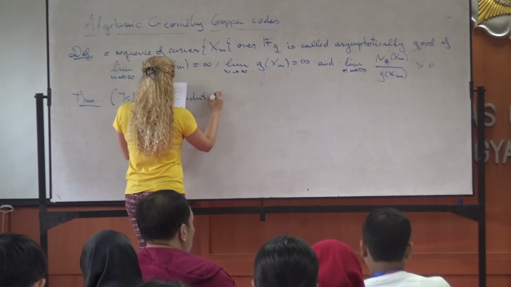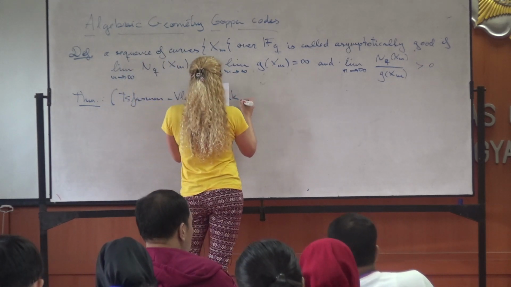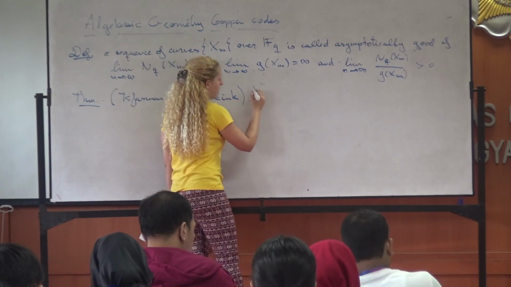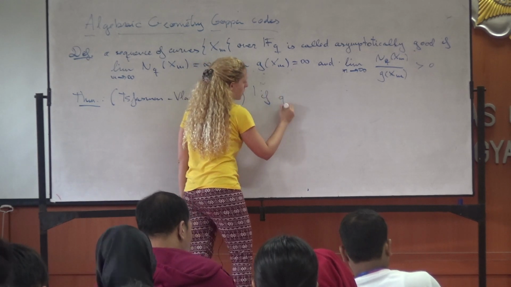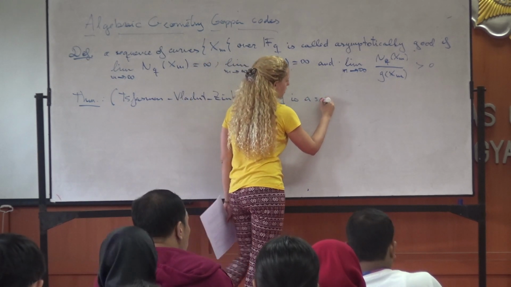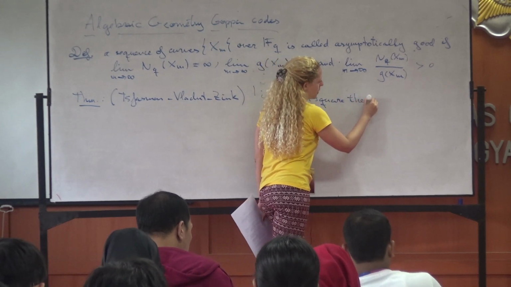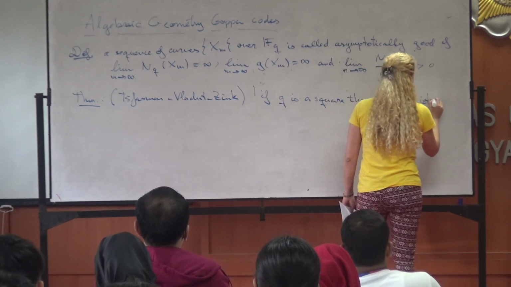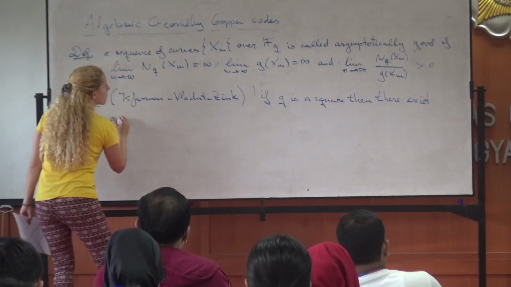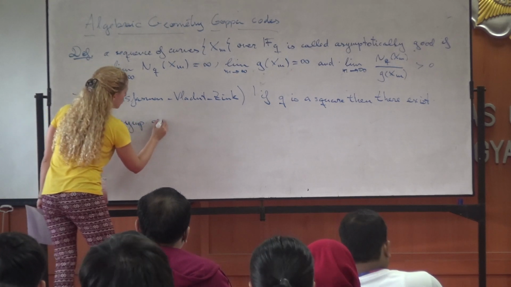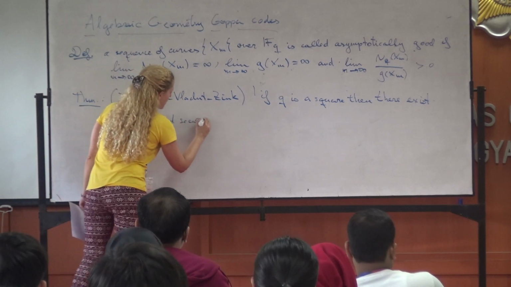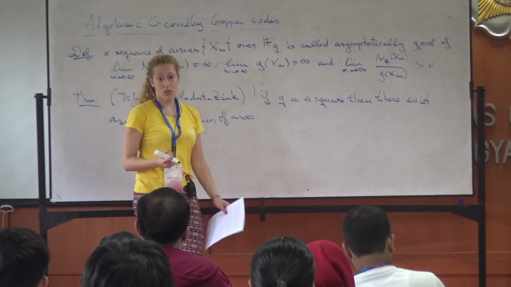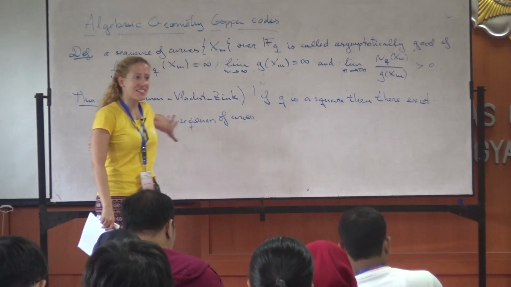I'm not writing this with all the details, but if q is a square, then there exist asymptotically good sequences of curves. So you have good codes, okay? So this is an existence theorem.